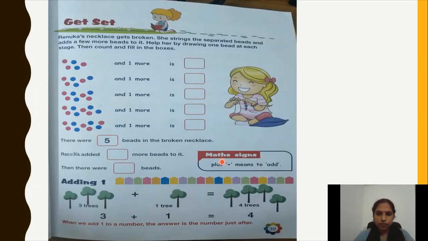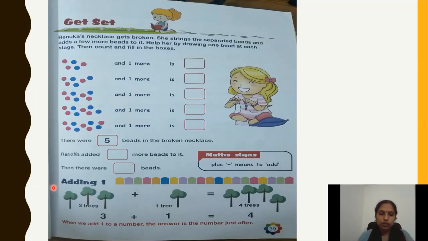Can you see here, page number is given at the bottom. See, I am marking here. 39 is given here. Can you all open and go to page number 39? Yes, have you all taken it?